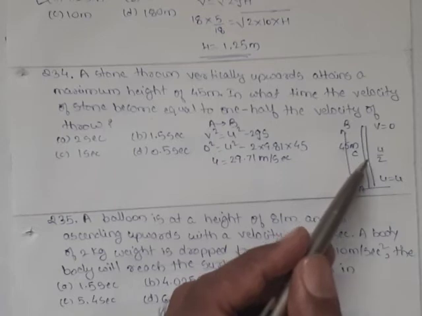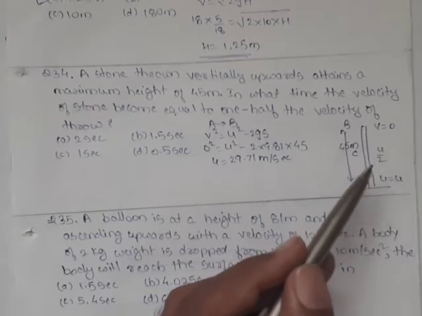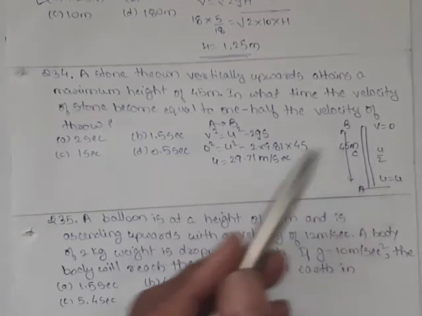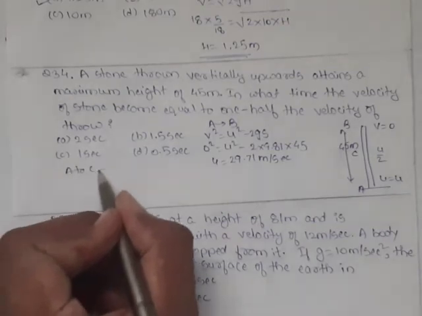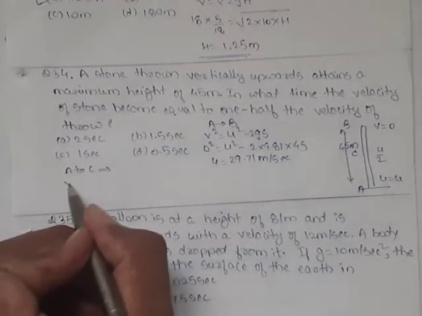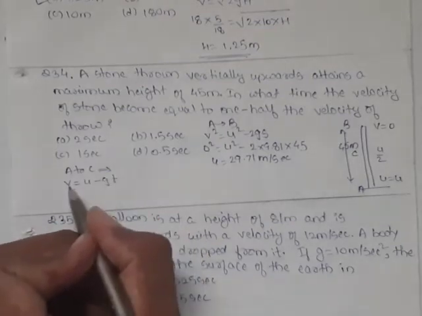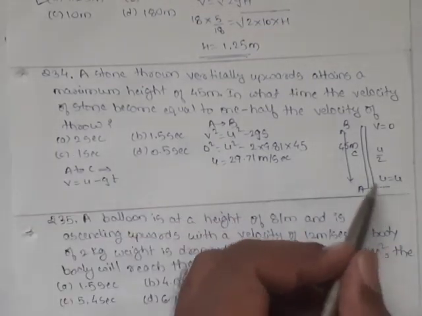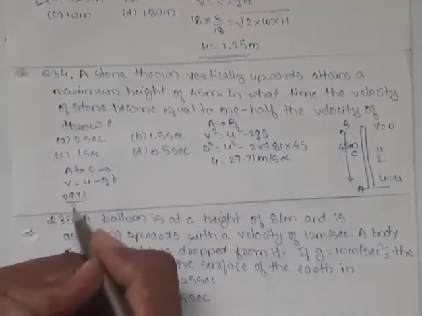At C its velocity has become half. So at C the velocity has become 29.71 by 2. If we consider the journey from A to C, at C the velocity has become half, meaning the final velocity has become half of the initial velocity. If we use our first kinematical equation, v equal to u minus gt, the velocity has become 29.71 by 2.